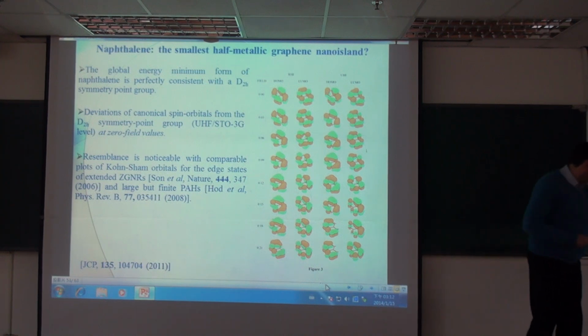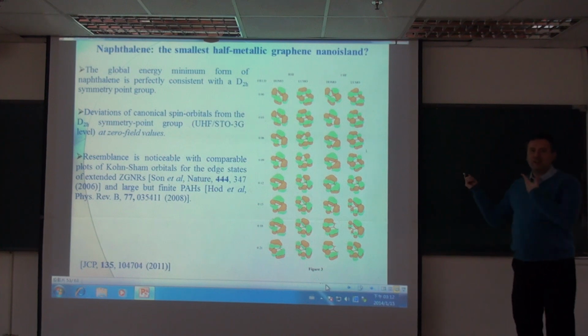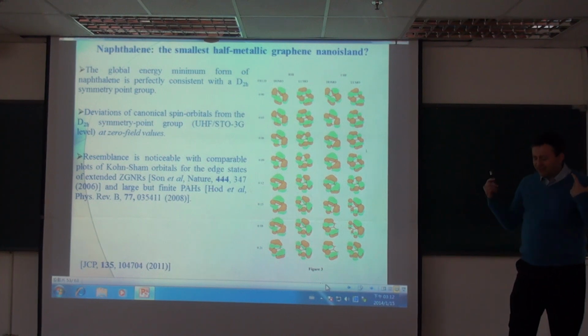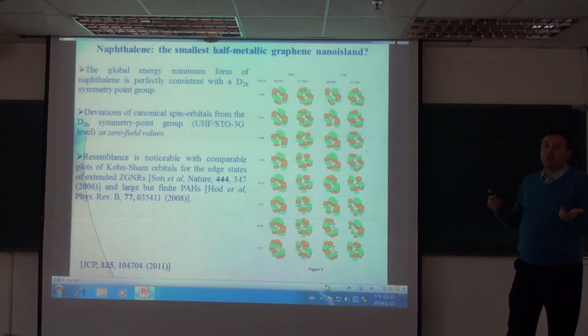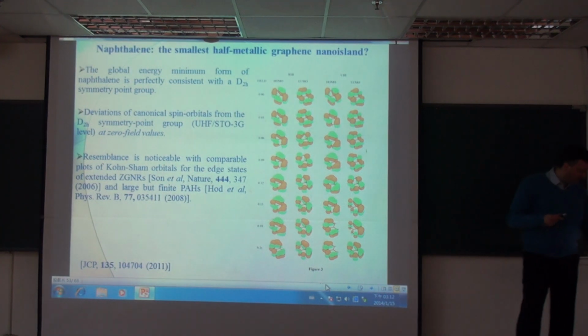The question is, nobody would believe that naphthalene is half metallic. Thus, why should we believe from DFT calculations that zigzag graphene nanoislands and zigzag graphene nanoribbons would also be half metallic? That makes no sense.